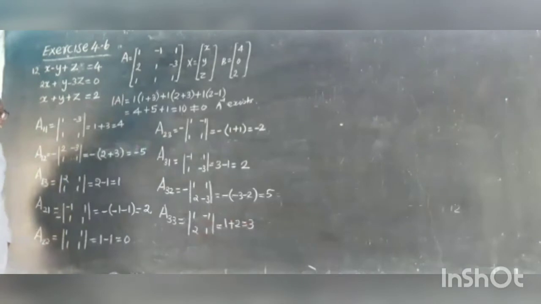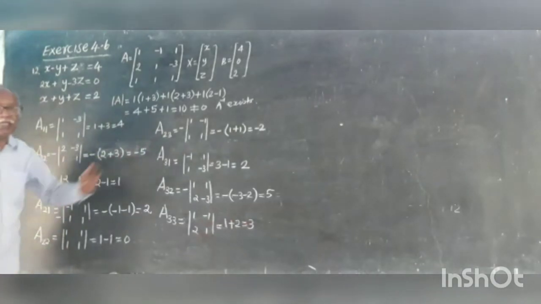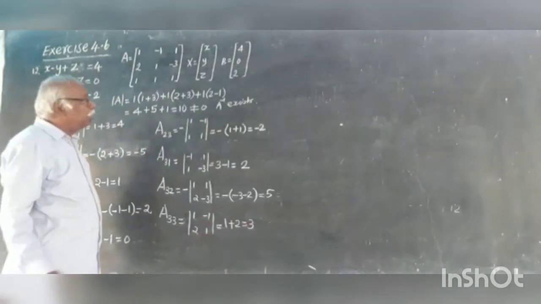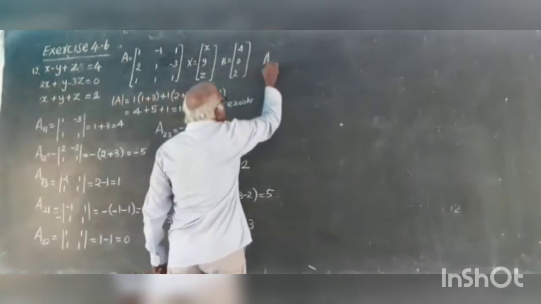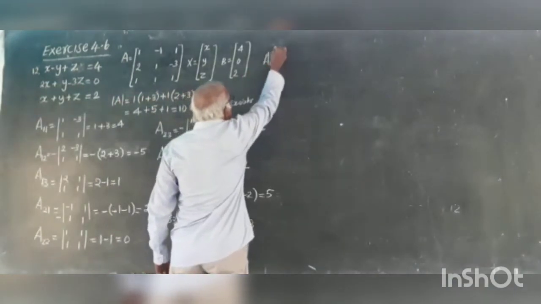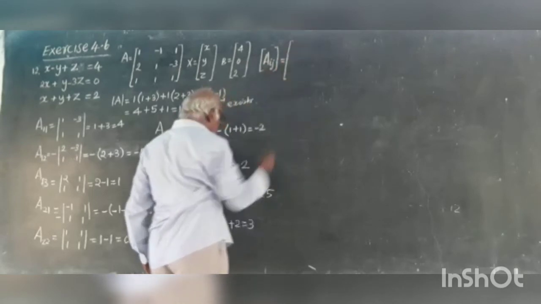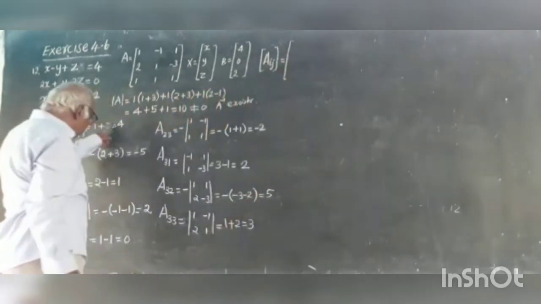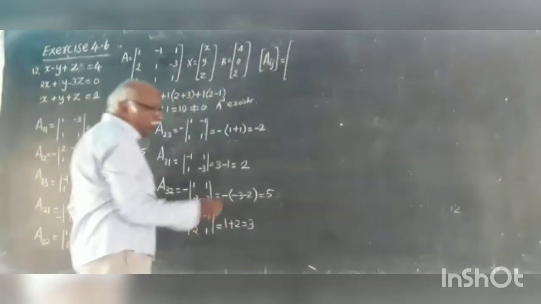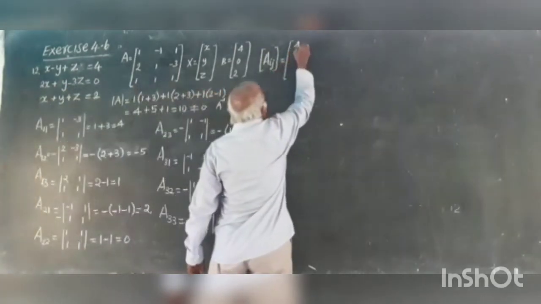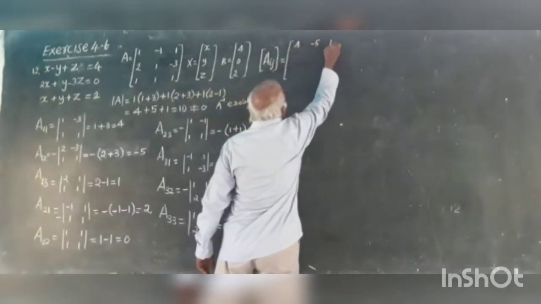So carefully we have found all the cofactors of the matrix. That is why capital A is the adjoint cofactor matrix. The cofactor matrix is written in the order: first row 4, minus 5, 1.